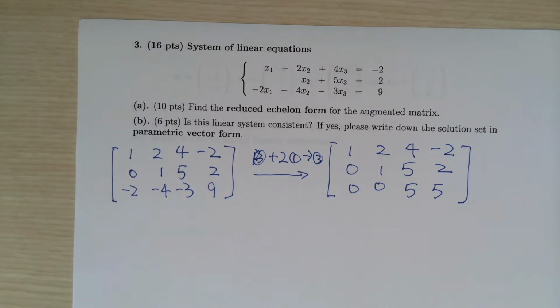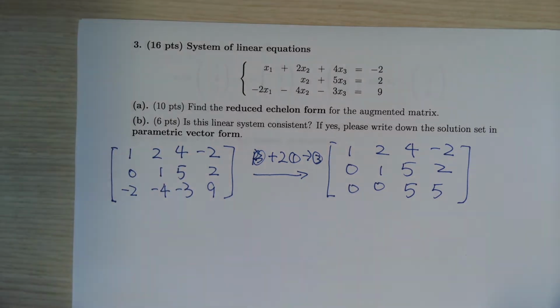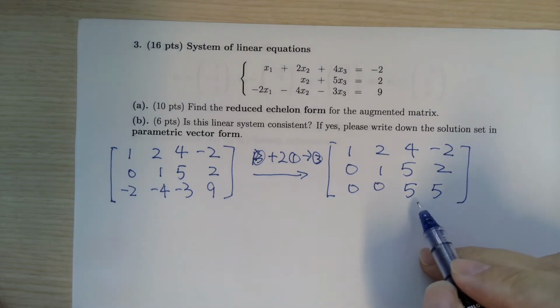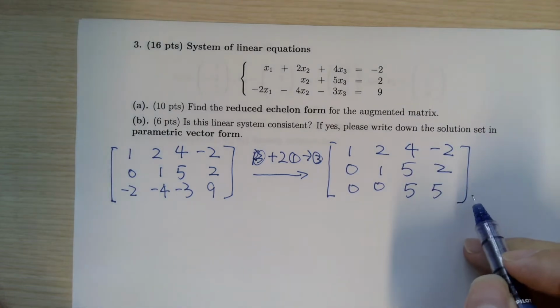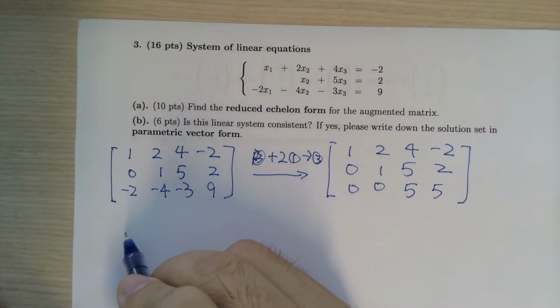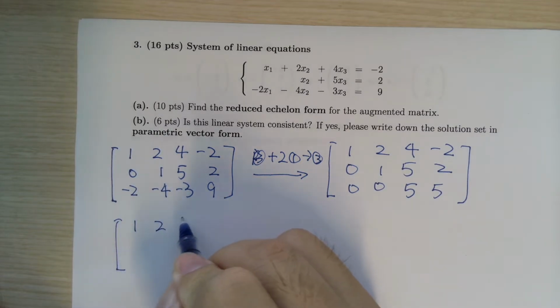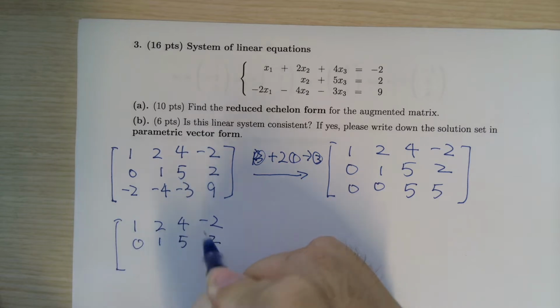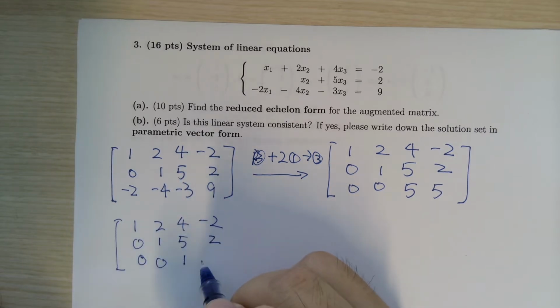Okay, so I think right now we should be very, very close, because if you continue to do the reduction, you're going to have a 0, 0, 1, 1, right?